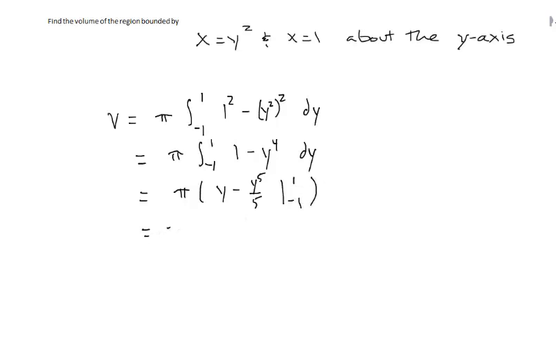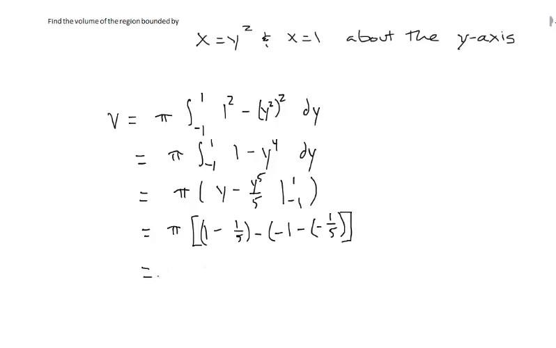And now we evaluate. So we have pi times 1 minus 1/5, minus -1 minus a -1/5. And when we raise -1 to the fifth, it's still -1. That's why our answer here is still -1/5.